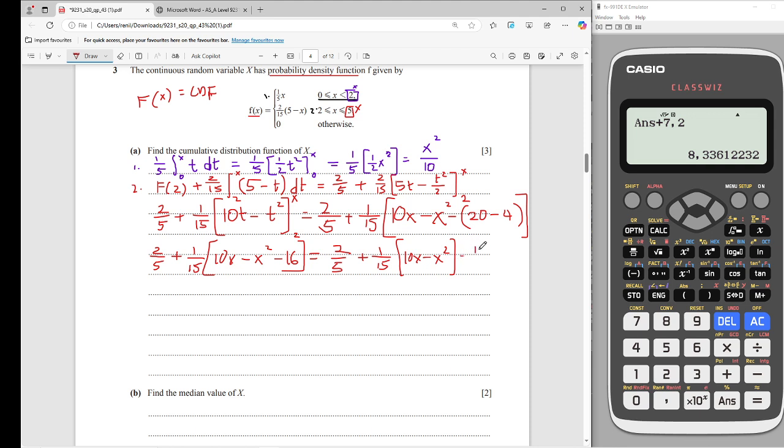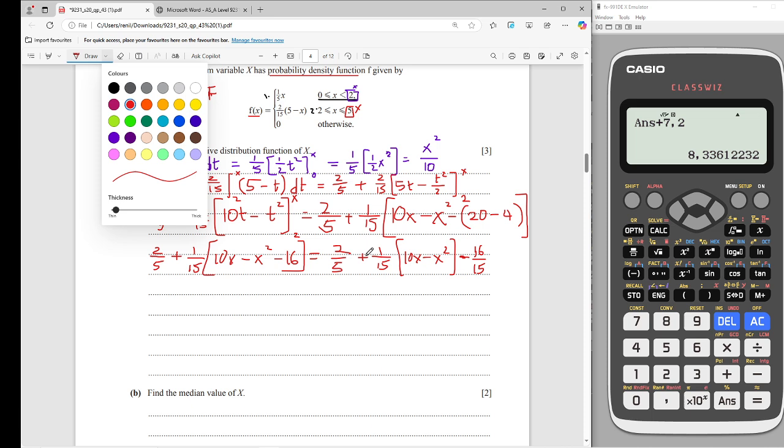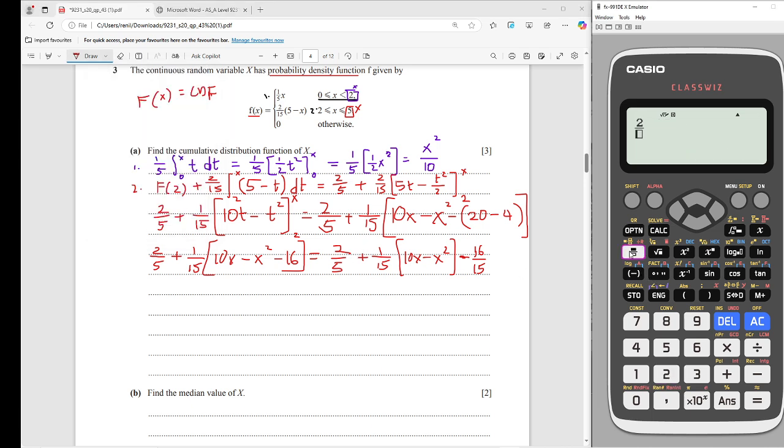So we can get here negative 16 by 15. Reason for doing this is now that we can add our individual 2 by 5 with this negative 16 by 15, and then we will get our final values. So now we can just do 2 by 5 minus 16 by 15, which is equal to negative 2 by 3. Now we have the value.